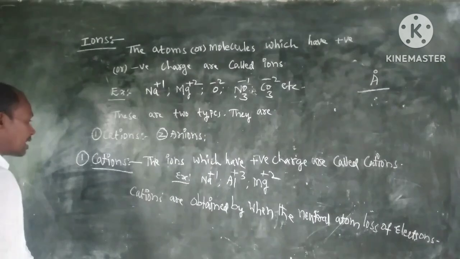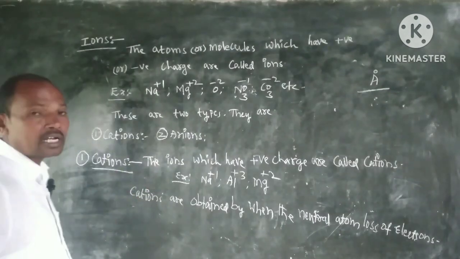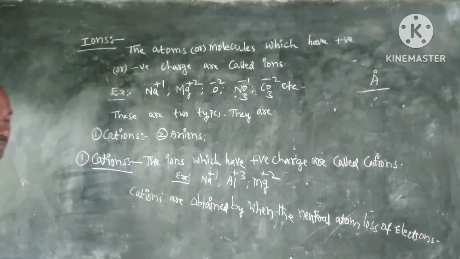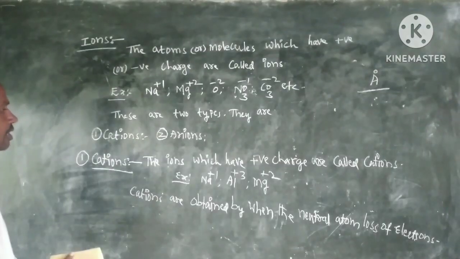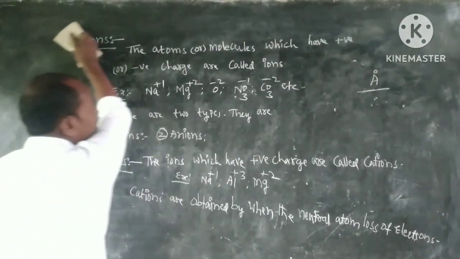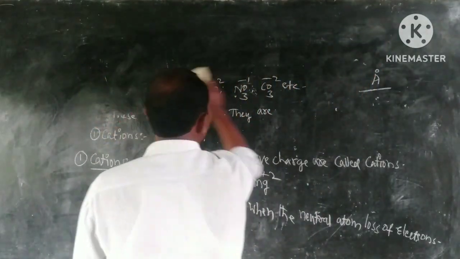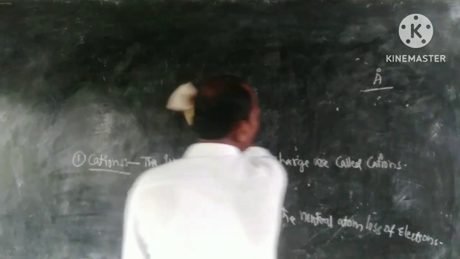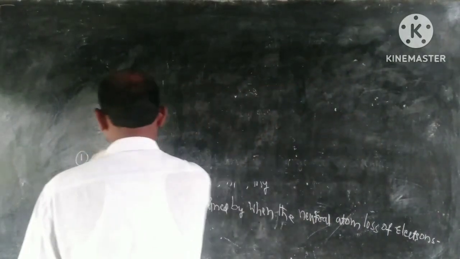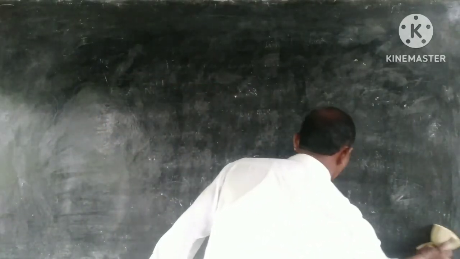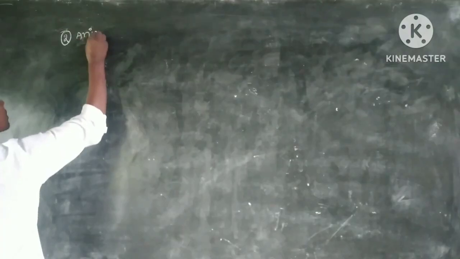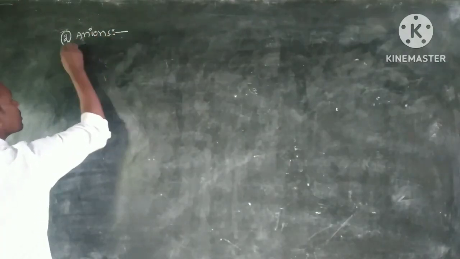Next, what are anions and how are anions produced? So note this. What are anions? How are anions produced? The second one is anions.